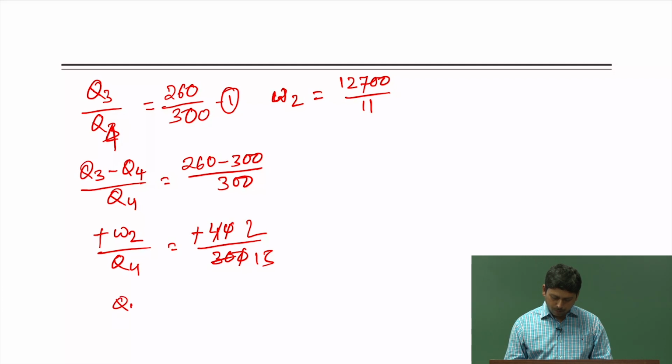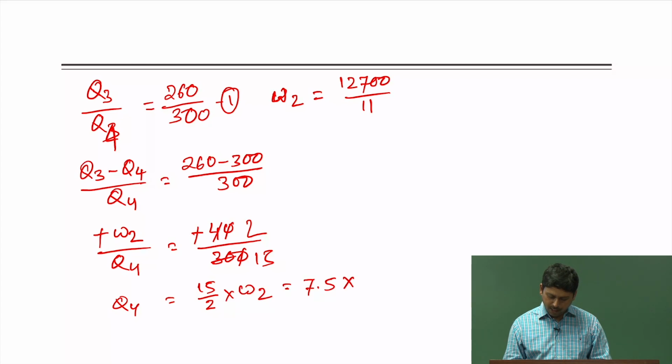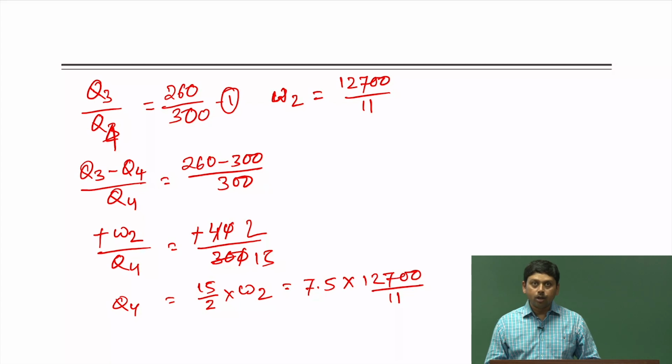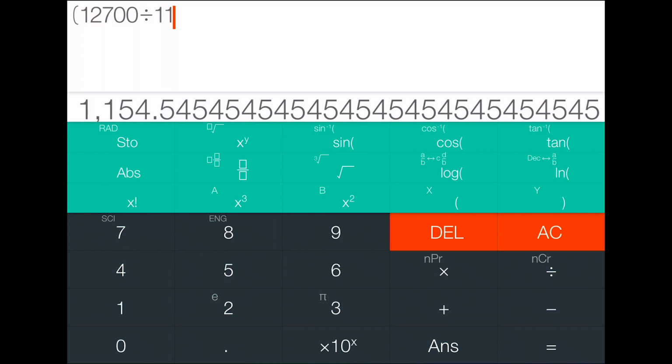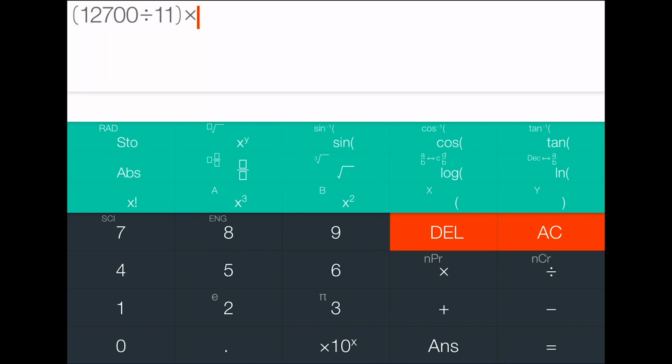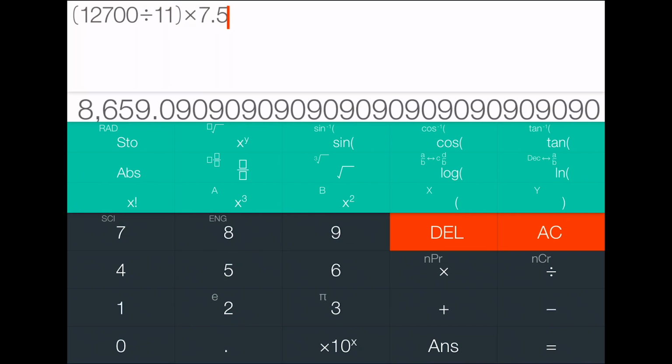So, Q4 is 15 by 2 into W2, and we know 15 by 2 is 7.5 and W2 is 12700 by 11. So, let us calculate that. 12700 by 11 into 7.5 giving us 8659.01.